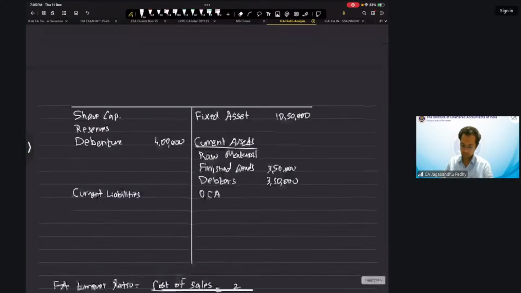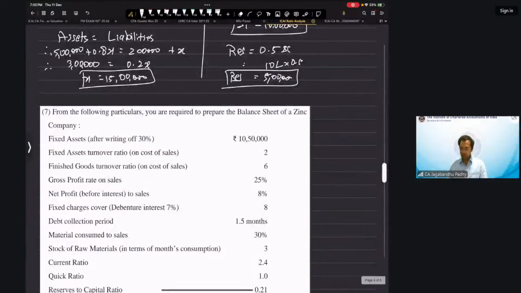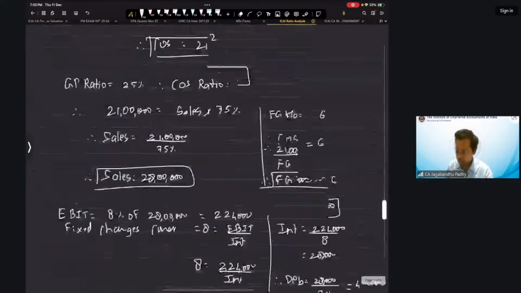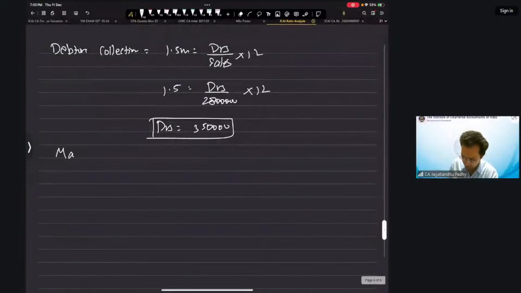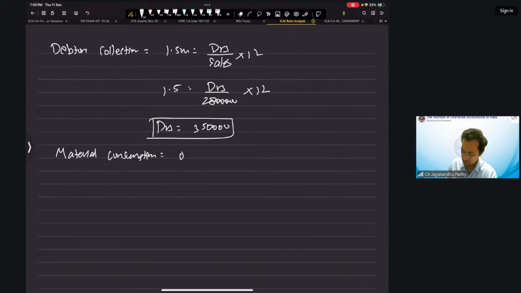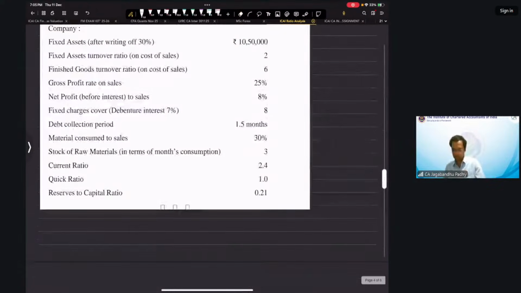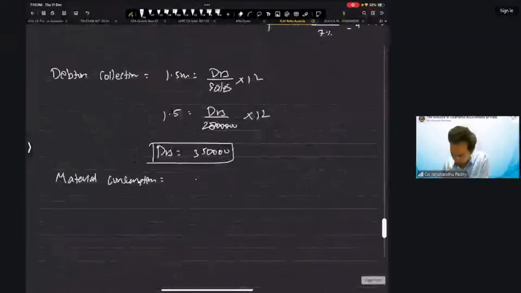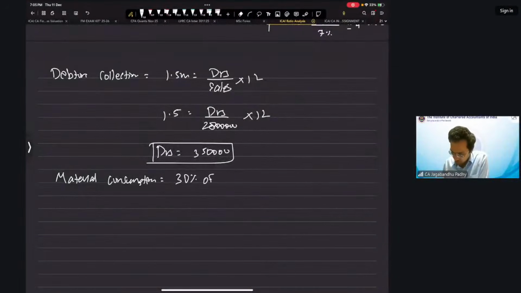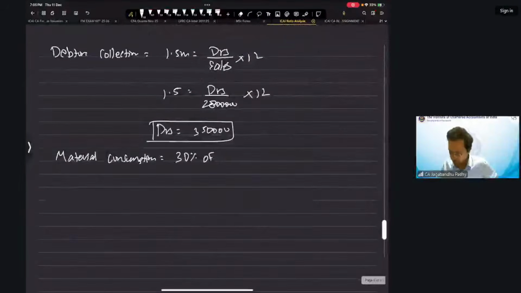Then next is material consumed to sales is 30%. So we can get the material consumption. Material consumption to sales is 30%. So that's going to be 30% of sale value. 30% of sale is 28 lakh.